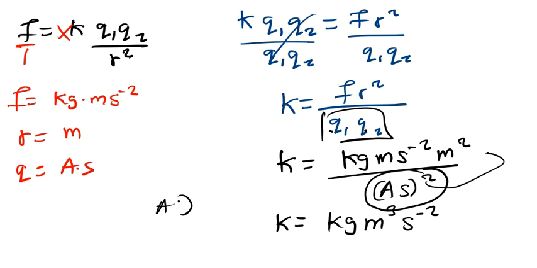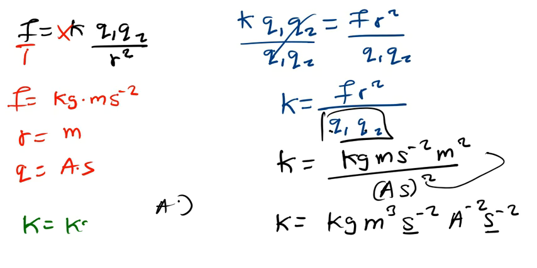When they come to the numerator, they carry a negative, so it will be a to the power negative 2 and s to the power negative 2. But I've got s and s, so those two can add. So I'll have k, the units are going to be kg m to the power 3, s to the power negative 4 and a to the power negative 2. So these are going to be the basic units of k.